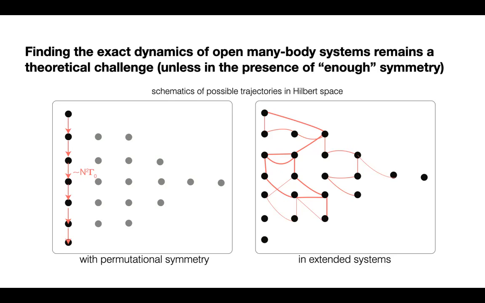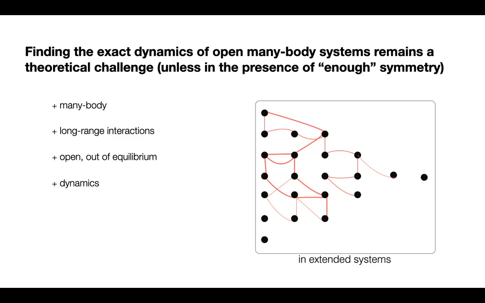This is me drawing by hand some generic dynamics of getting lost in the Hilbert space. If you think about this type of problem, it typically involves many particles, long-range interactions, it's out of equilibrium, and in many cases we care about dynamics. So when you add these things up, this means it's a hard problem.